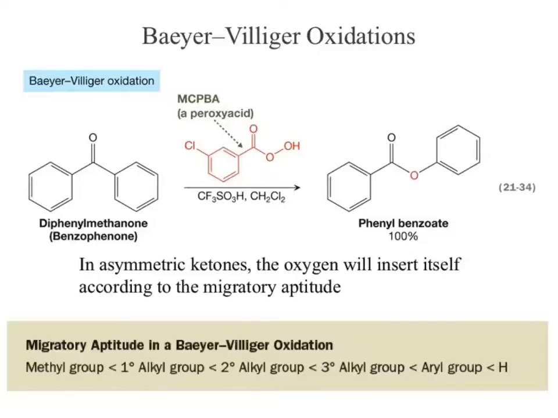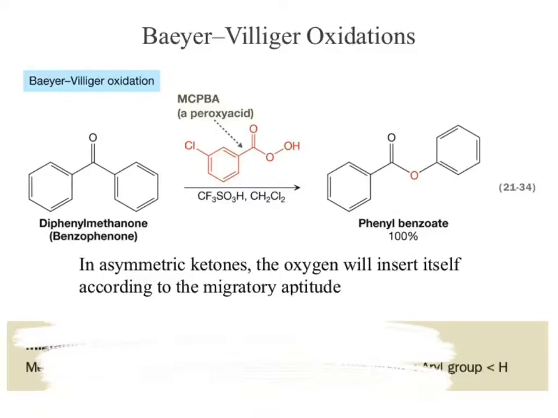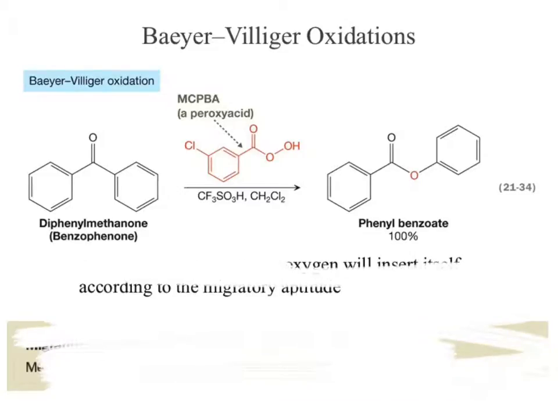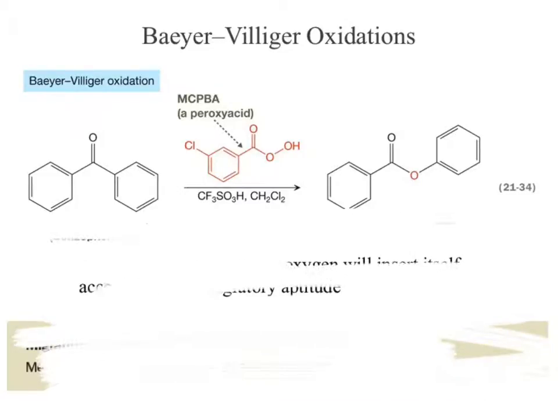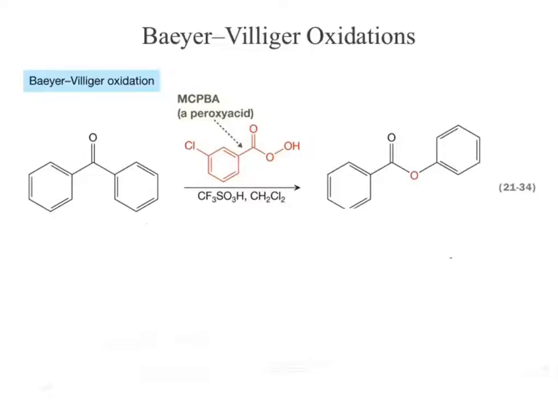Can anybody tell me what happened here? And hopefully I can change this before you guys read anything. Not that the reading is really going to help. What changed? I heard something about an oxygen.